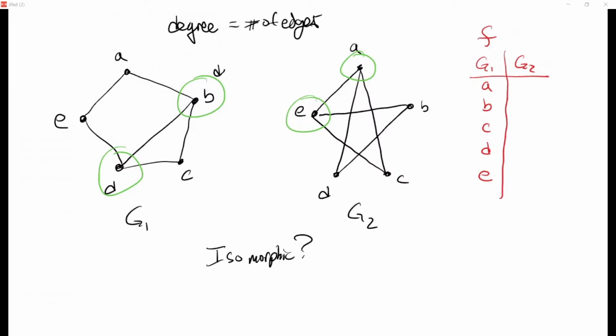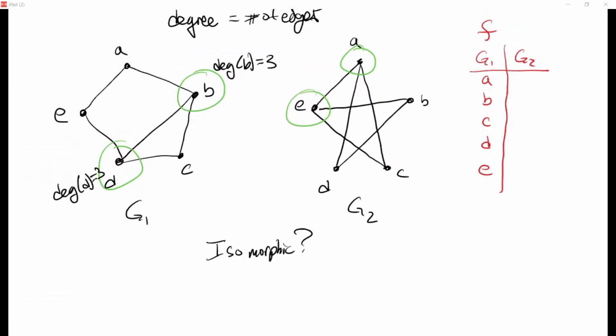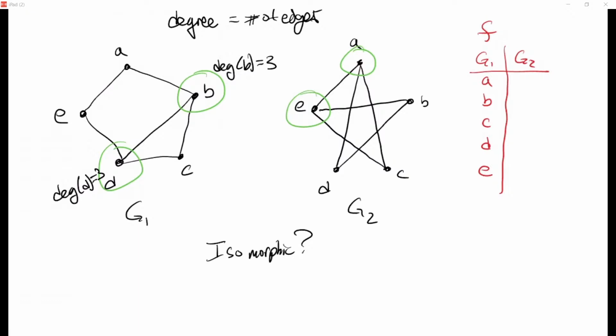So the degree of B happens to be 3, the degree of D happens to be 3, and the degree of the other vertices are all 2. And so it seems like we should be able to, at least according to John, maybe compare the degrees of the 2 graphs.